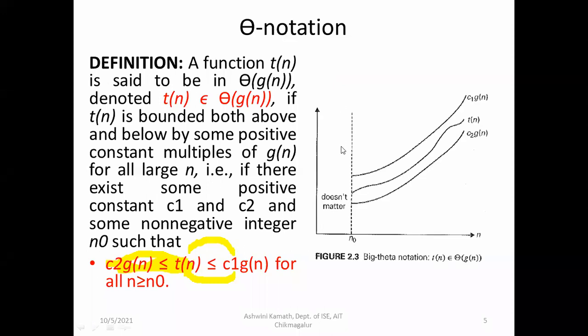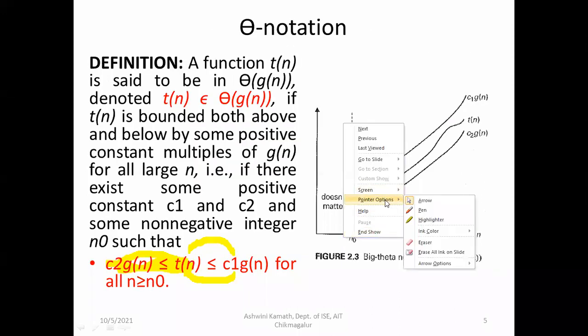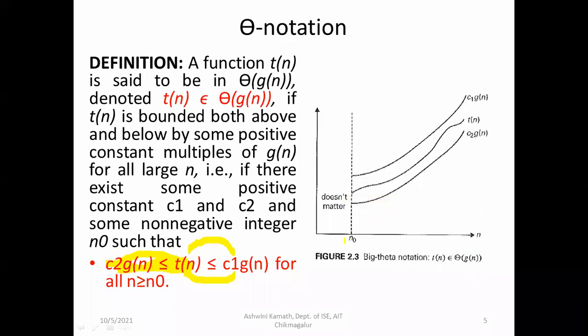Up to n naught it doesn't matter, but once it crosses the value of n naught, we have T of n in between C1 into G of n, which has larger order of growth, and C2 into G of n, which has lower order of growth.